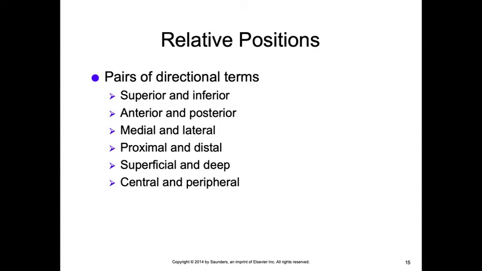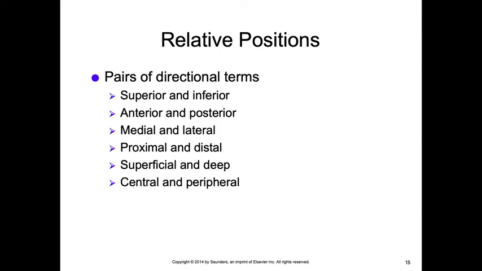Superficial and deep. Superficial meaning closer to the surface, and deep meaning further towards the core. So superficial, an example, your skin is superficial to your skeletal system, and deep, your heart is deep to your rib cage, or to your bony thorax, if you like. And then central and peripheral. Central meaning towards the middle of the body, and peripheral meaning towards the edges.